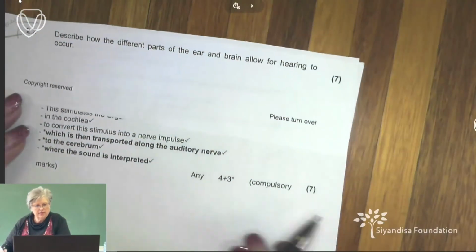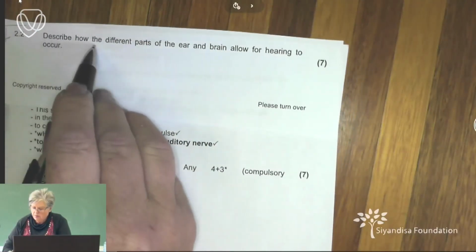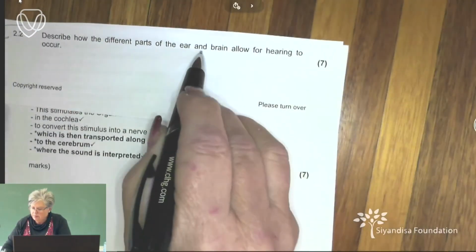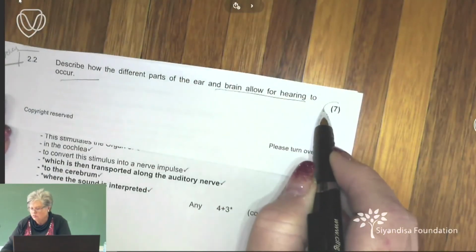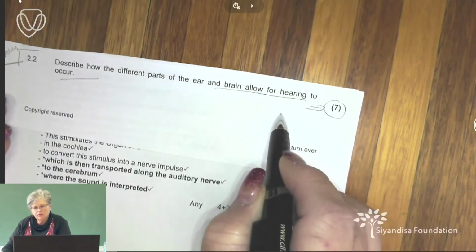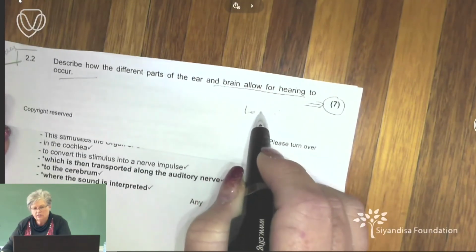Then this one, let's just quickly look at this question before we end the session. Describe how different parts of the ear and brain allow for hearing. Just to show you that hearing was asked as a level A question, direct recall question.